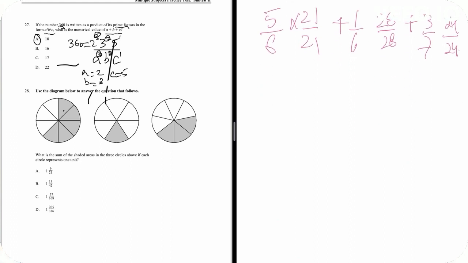So in the denominator, 8 times 21: 8 times 1 is 8, 8 times 2 is 16, so the denominator is 168.